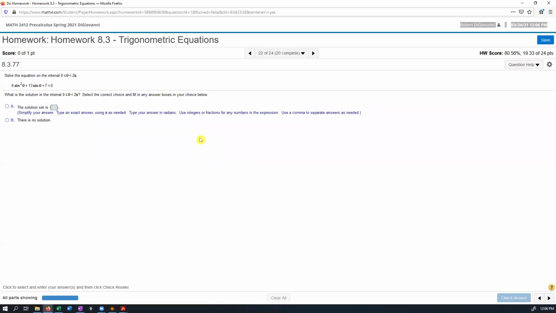Okay. So for this one, 6 sine squared theta plus 13 sine theta plus 7 equals 0. That looks a lot like 6x squared plus 13x plus 7 equals 0. So let's see if we can get this thing to factor.